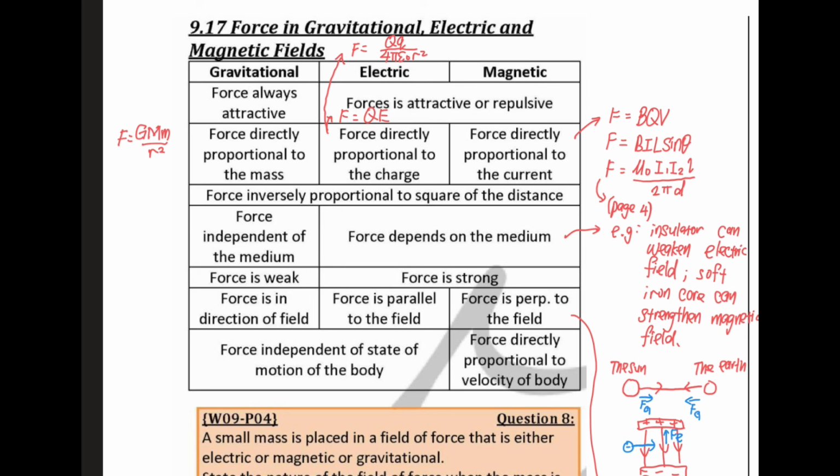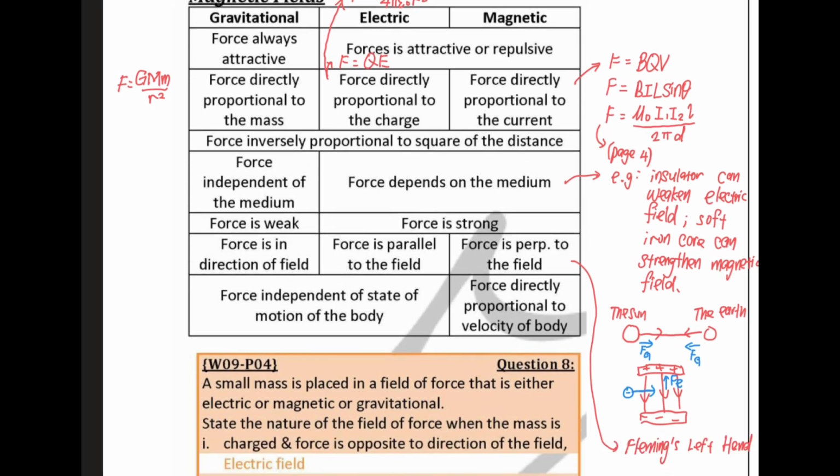But magnetic force is different. They said force is directly proportional to the velocity of the moving charge or the body, where F equals BQv, and this v is velocity. So that means the velocity affects the magnetic force. Okay, so now let's look at the questions.